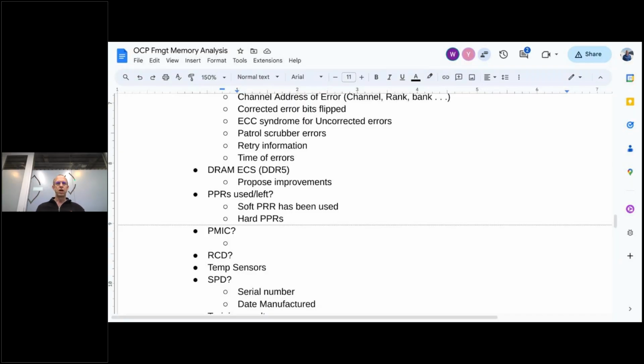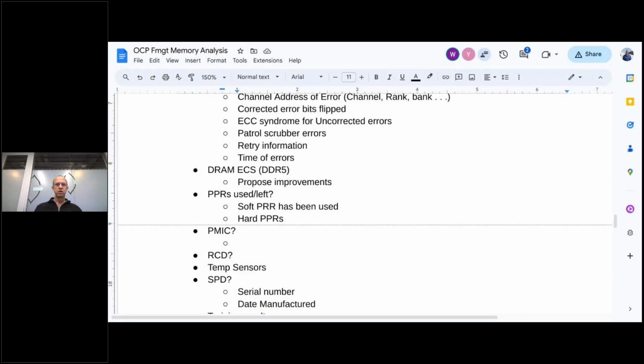But what I was imagining is that PPRs are going to distort our view of what's failing in the part if we don't know that they've happened. So if we track that they've happened, we can tell the memory vendor, here's the series of PPRs we've done, and the memory vendor can use that in their analysis to figure out the health of the part.